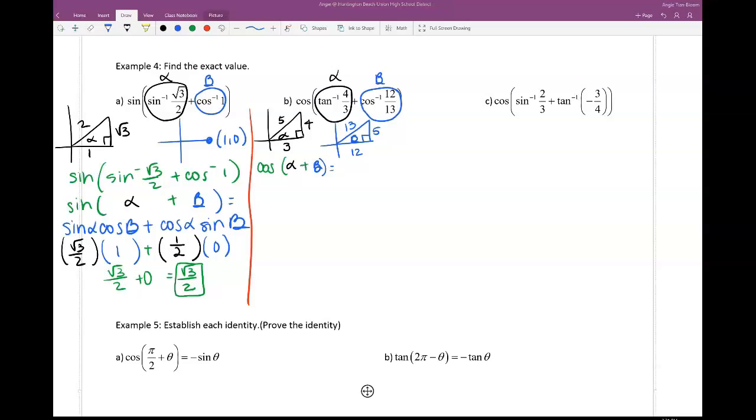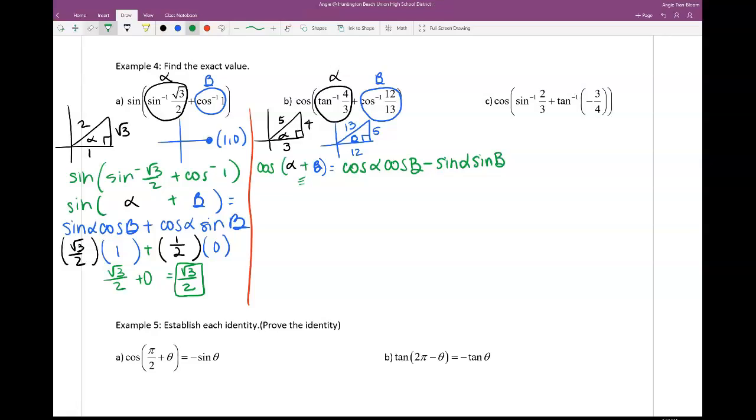Okay, let's write it out together. I'm going to use green, okay? Cosine of alpha times cosine of beta. In cosine, we switch, okay? If it's positive here, we make it minus here. Sine of alpha times sine of beta.